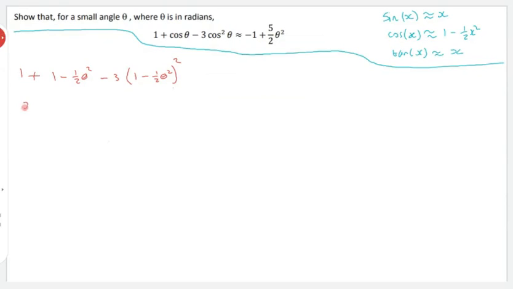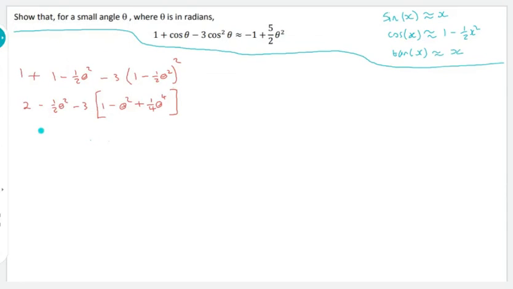So we have 2 minus a half theta squared minus 3 times, and then expand this bracket, we get 1 minus theta squared plus 1/4 theta to the power of 4. If you put the two things side by each other and expand, you'd get that.